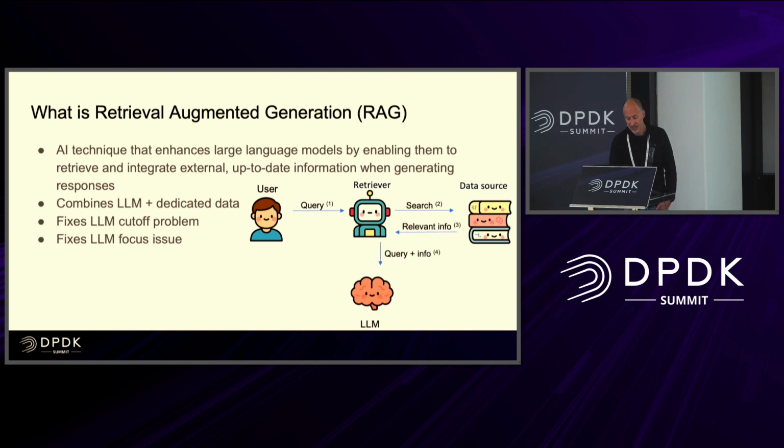Then it sends the original query with the external information, and sometimes with instructions on how to respond, to the LLM. The retriever gets the answer from the LLM. This loop can have a number of iterations to fine-tune the answers and get even more correct information, and only then does the user get the response, which is correct and up-to-date, with no hallucination, hopefully.